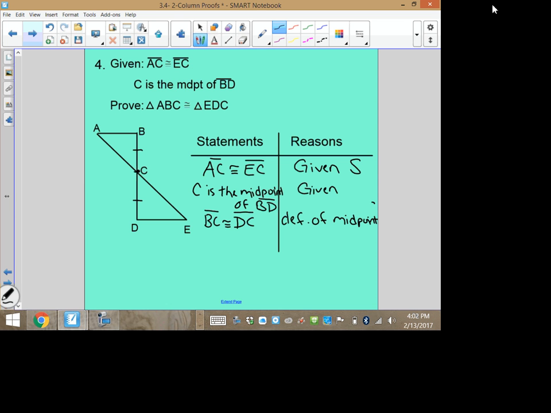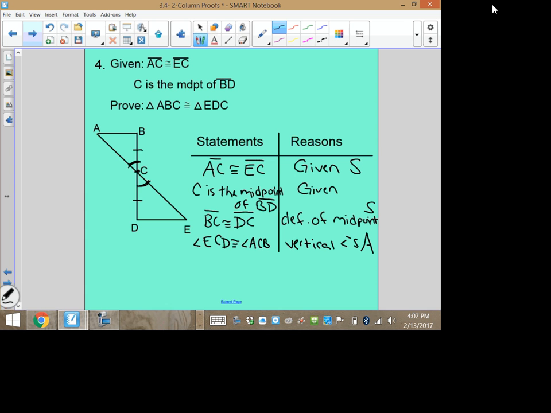And note, this is a side. And then I know that these two angles are congruent because they're vertical angles. So you can say that angle ECD is congruent to angle ACB by vertical angles.